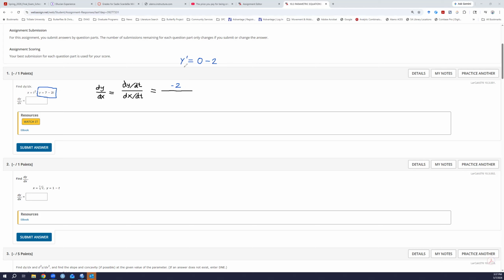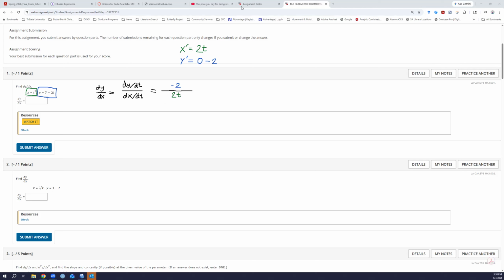For the denominator, we're going to be looking at x prime. So taking the derivative of x with respect to t tells us to look at this other parametric equation, x is equal to t squared. And if we take that derivative with respect to t, we just get 2t. So that's going to be our denominator.